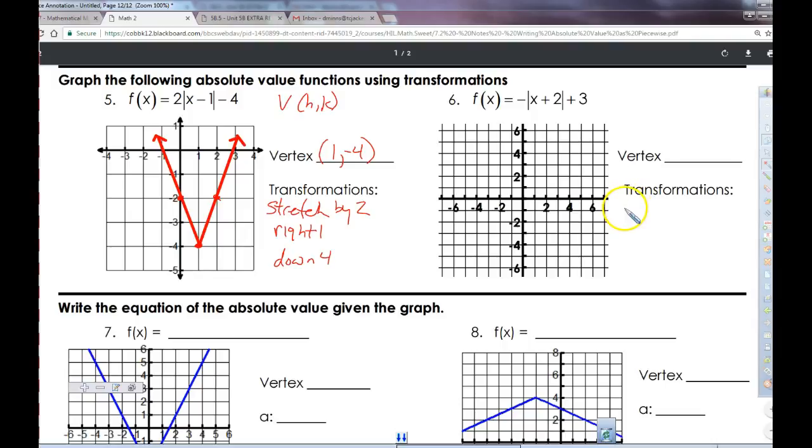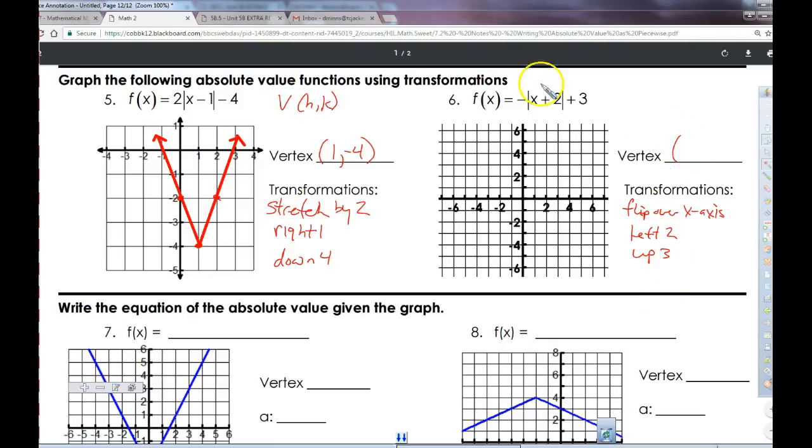Looking at number 6. With number 6, let's do our transformations first. We have a negative, so we flip over the x-axis, so now it's going to be opening down. We have a positive in here, so we go to the left 2, and we go up 3, and that's reflected in our vertex.